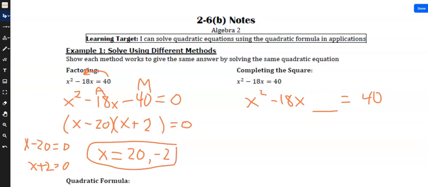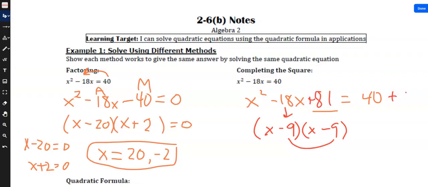If you're doing the completing the square process, remember we talked about factoring and how this would be x minus 9, and we got that number from taking half of the negative 18. Well, what is negative 9 times negative 9? Nothing but 81. So we have to add 81 to both sides. So it literally comes down to x minus 9 quantity squared, and this side is 121.